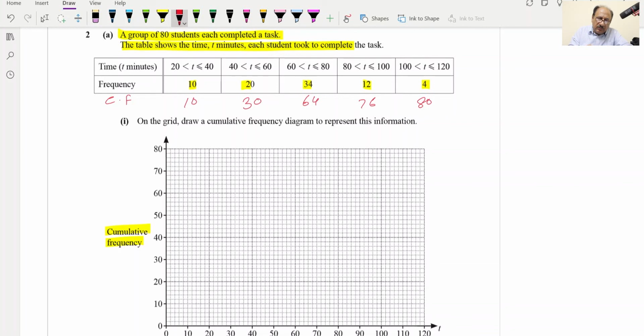Now this is our cumulative frequency which we have added as a row, and now we can draw.